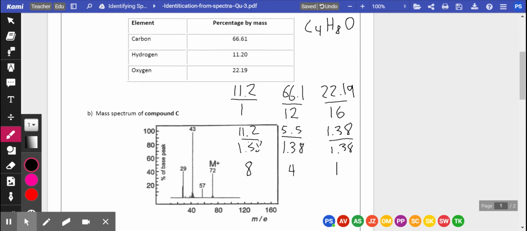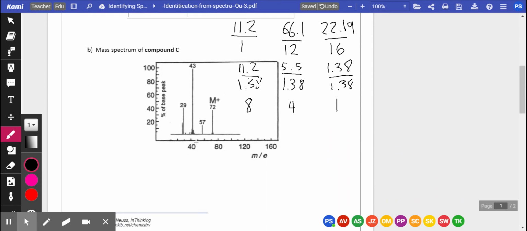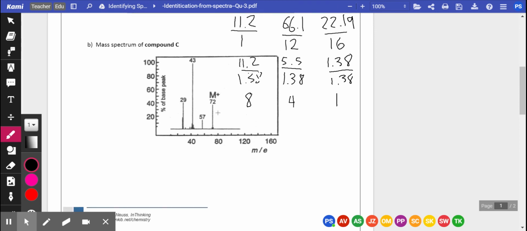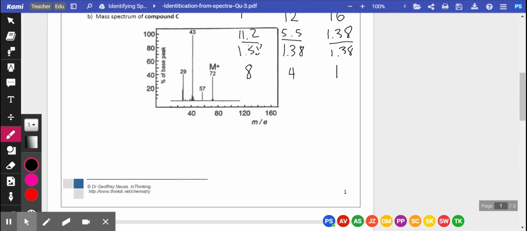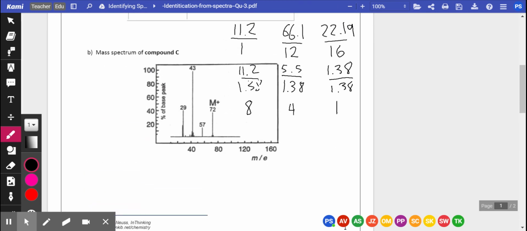Now let's use mass spectroscopy, which tells us how many ions, positive ions, have been detected with a certain mass to charge ratio. We see the first peak is at 72. The first thing you should do is check your formula. Does it add up to 72 or not?